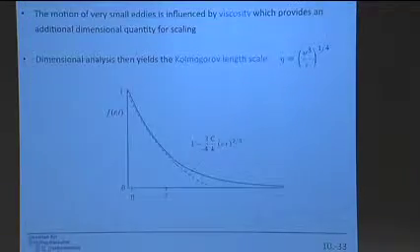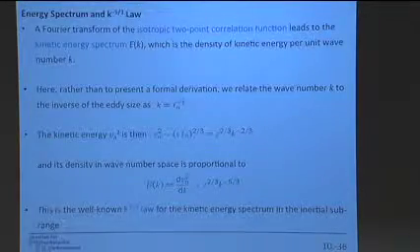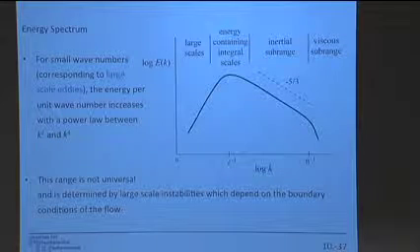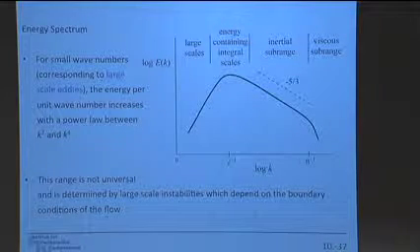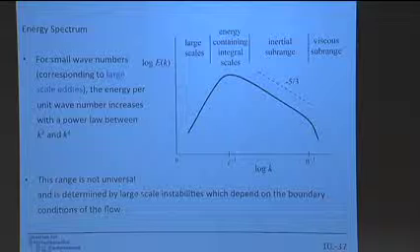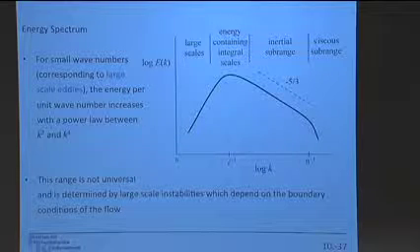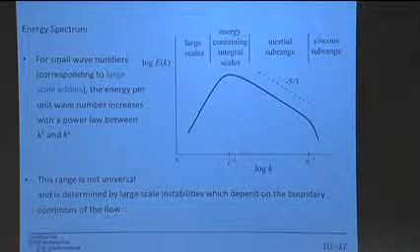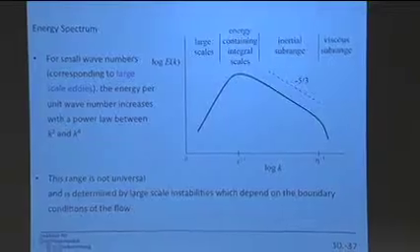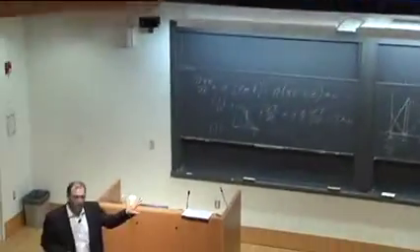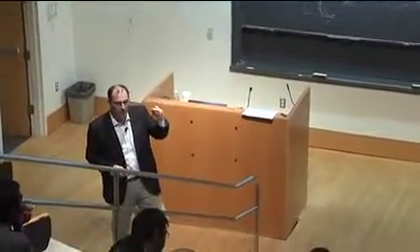Let me show you this first, and then I'll show you what we're skipping, in case you want to look at this. The energy cascade is often described in a plot like this. What is this? This is a Fourier transform of the two-point correlation, and it's a function of the wave number of the turbulence.